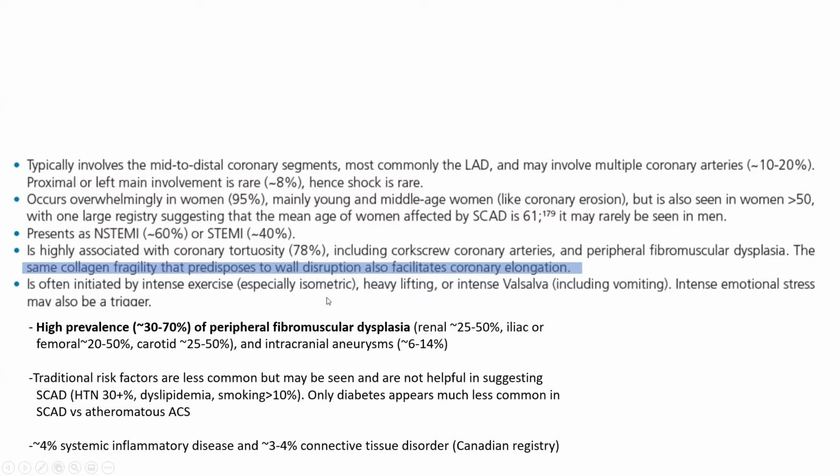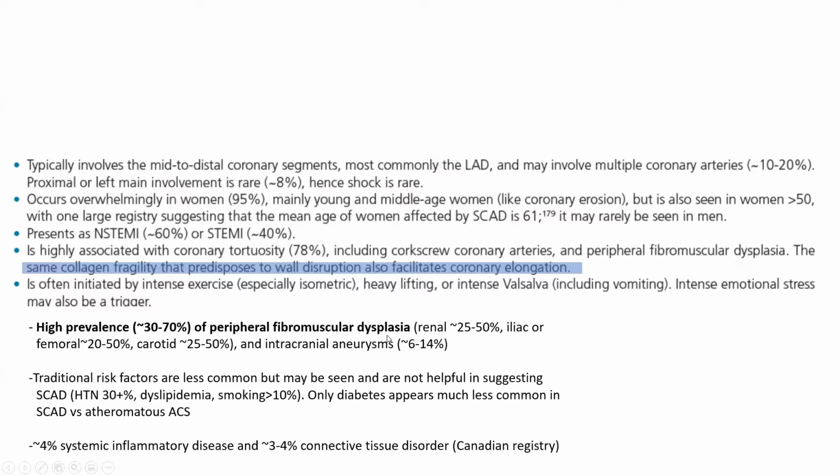Now, why do you have that coronary tortuosity? It's an interesting thing. The same collagen fragility that causes wall disruption, whether intimal tear or intramural bleeding, that same collagen genetic fragility also facilitates coronary elongation under wall stress.